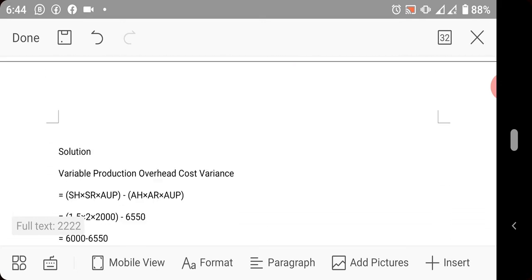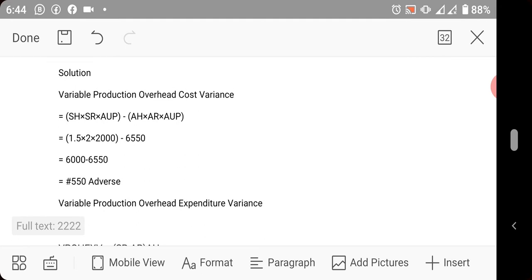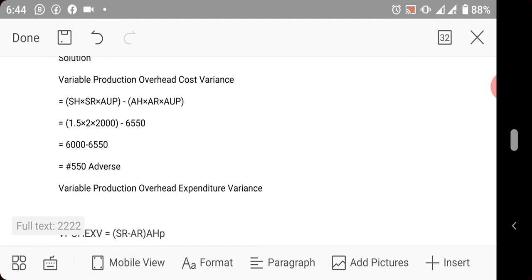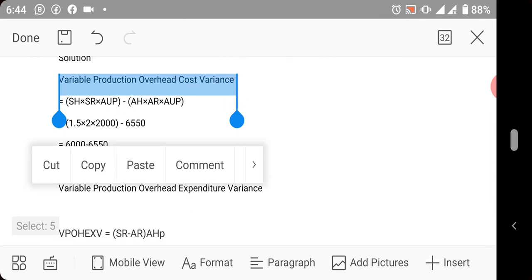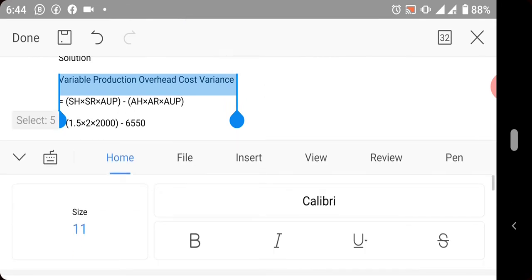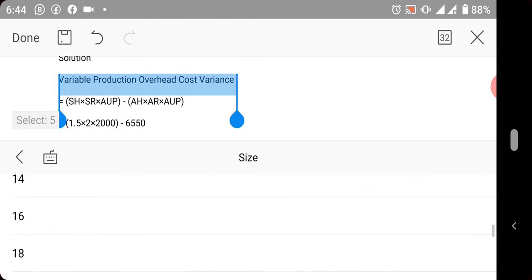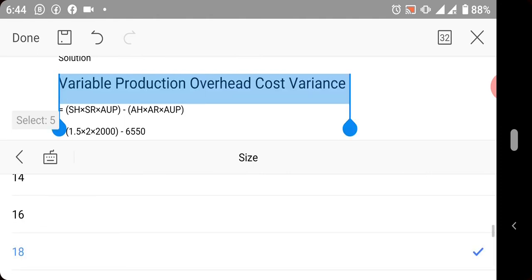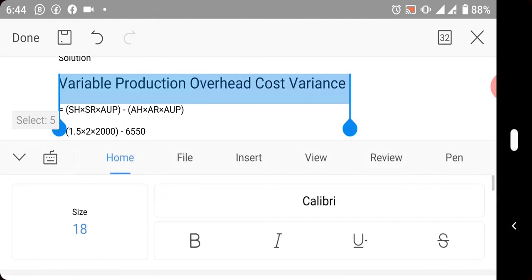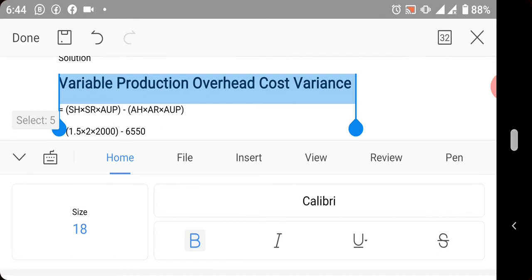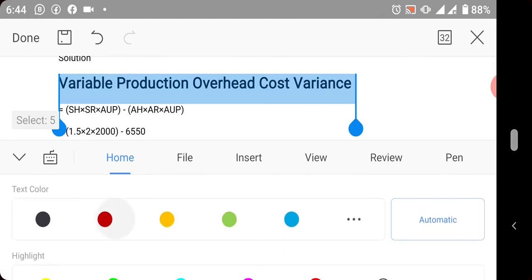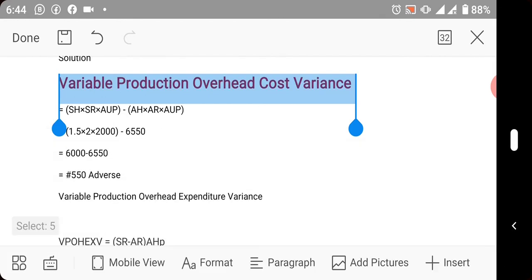So the first thing you calculate is your variable production overhead cost variance, using the formula. Let me increase the font. This is the formula.